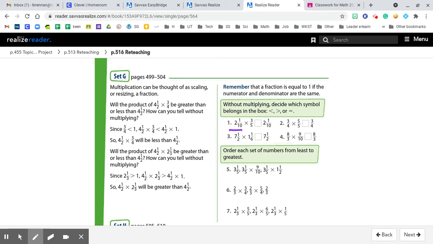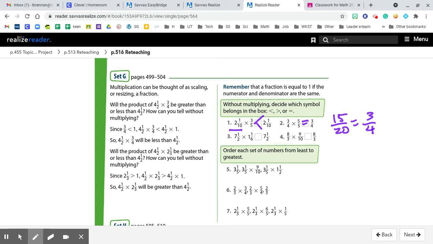I multiply by a number less than 1, so my value will be less than 2 and 1/10. 2 fractions times each other. 3/4 times 5/5 is 15/20 and 3/4. They are actually equal to each other.